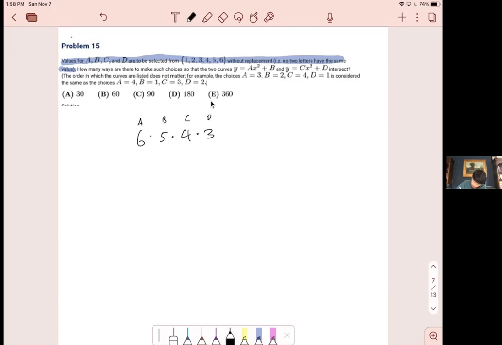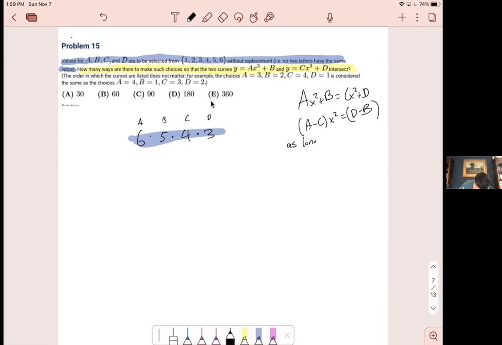Now, how many ways are there to make sure that the curves y equals ax squared plus b and y equals cx squared plus d intersect? We just solve this equation. ax squared plus b equals cx squared plus d, so a minus c times x squared equals d minus b.